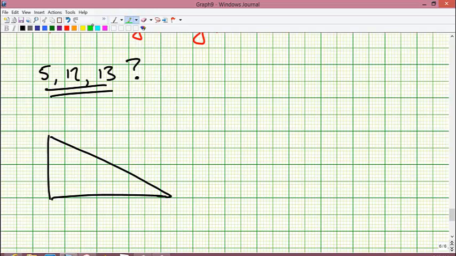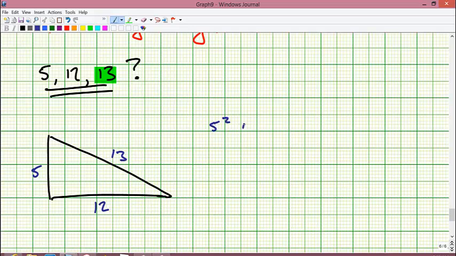We look first for the largest number, which is potentially our hypotenuse, and then the other two values can go wherever you want. You need to put the largest value where the hypotenuse should be, and again, we'll try our theorem to see if this is true.